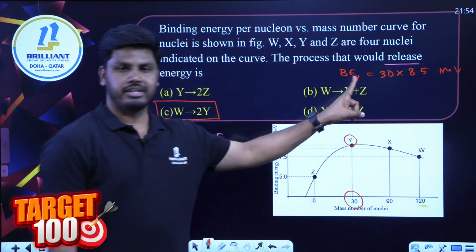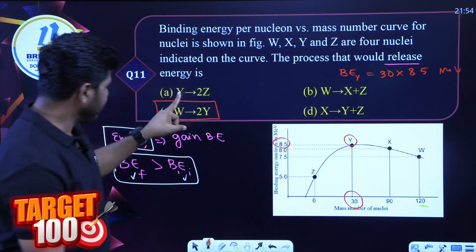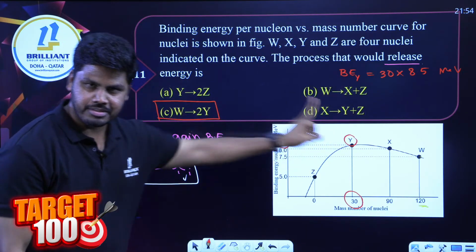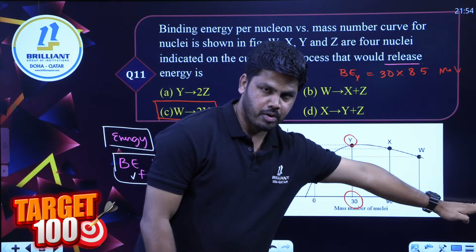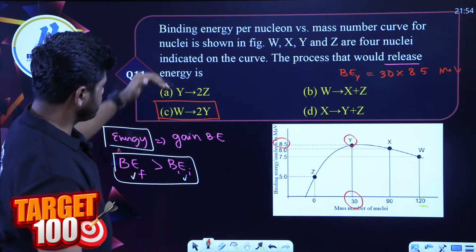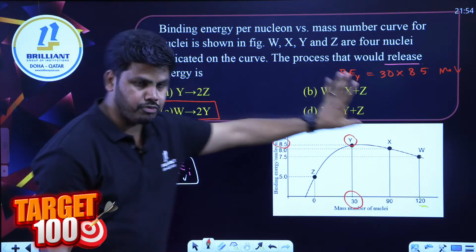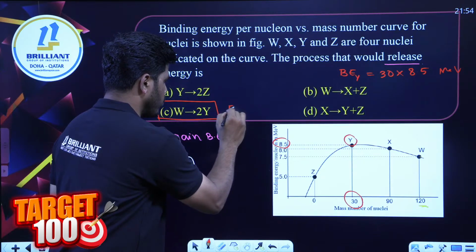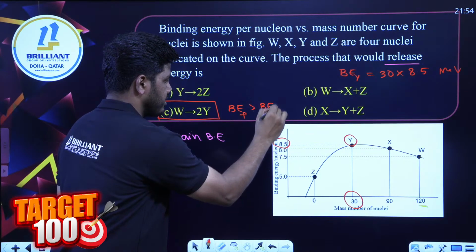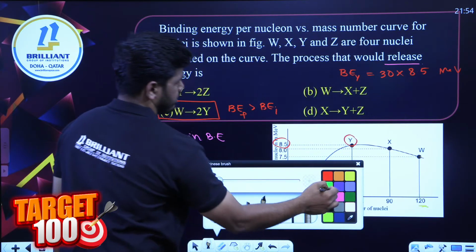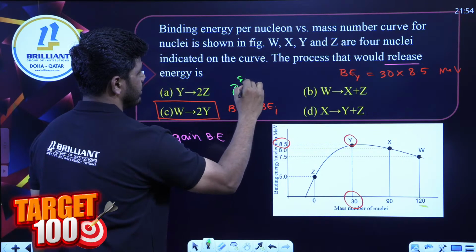So that will be total binding energy. That is how we found binding energy of all these elements. You are given binding energy per nucleon along the y-axis, mass number along the x-axis. So we checked what is the binding energy initial and final in all the 4 processes. In this case only, binding energy final is found to be greater than binding energy initial. Therefore, definitely there will be an energy release.